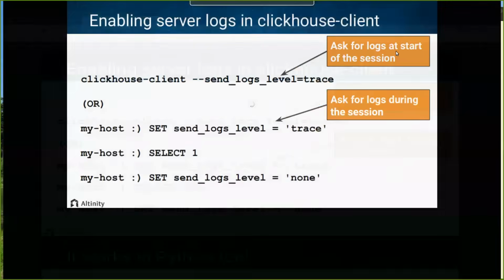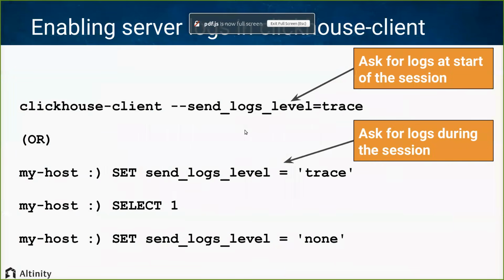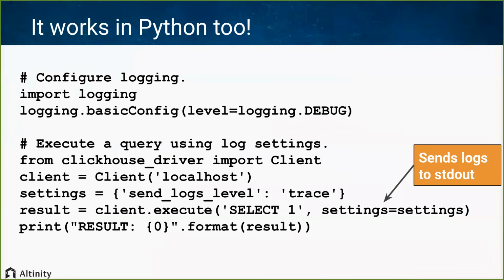One of the interesting things is that it works not only inside the ClickHouse client, but actually within client libraries. So here's an example from Python. If you're a Python user, I'm showing the script here, you'll import logging and set the most basic configuration. Of course, you may have a more complex configuration, but what you're doing is enabling logging within Python.